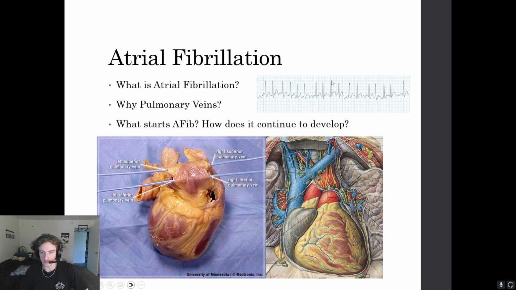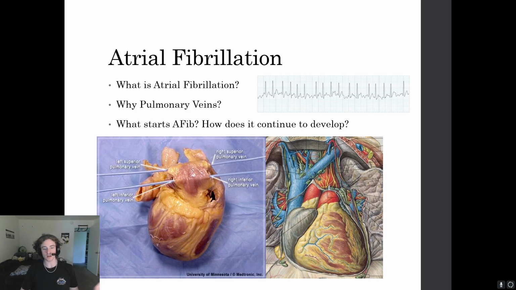It's all different distances, completely irregular. So it's just a seizing of the atria, where signals are bouncing all over the place rapidly in every direction. And that's why there's no P wave. You can't discern a P wave. You see irregular heartbeats. It's just all over the place.